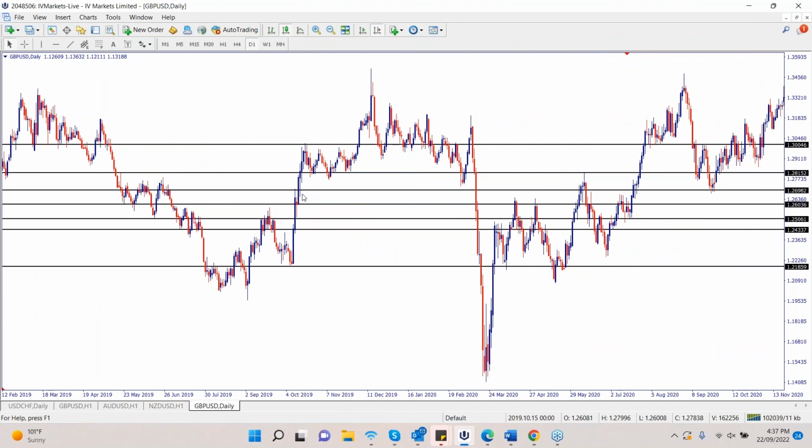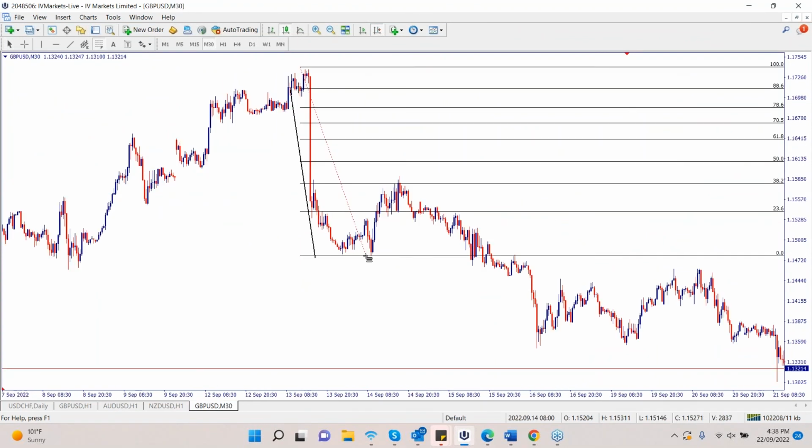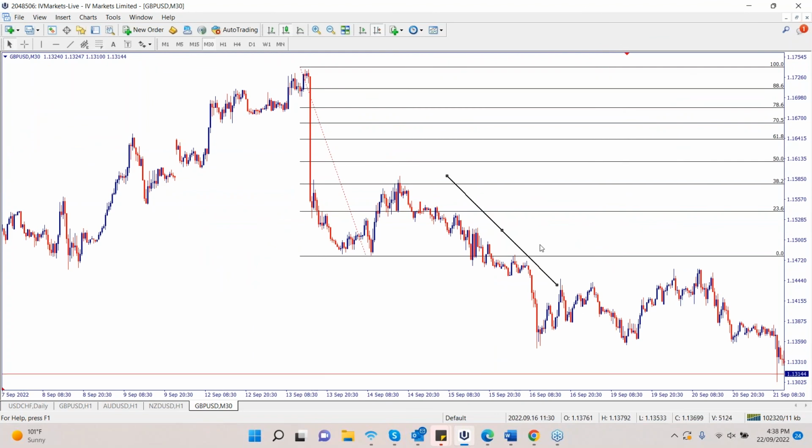For going into impulse and correction in detail, we are going to have a very brief discussion regarding impulse and correction in the future. I want you to make sure that you are strictly watching my analysis, and if you have any questions regarding this analysis, please don't hesitate to ask me in the comments so I can answer you and assist you personally with your trading.